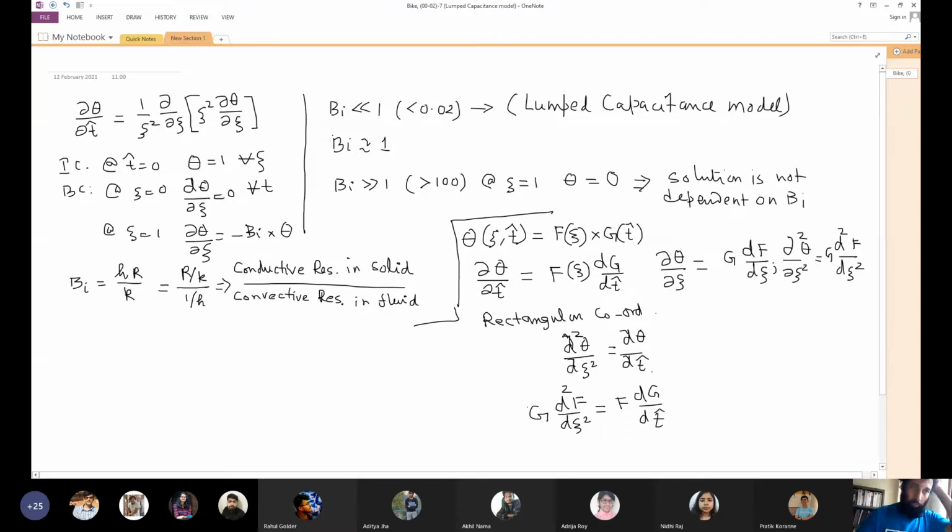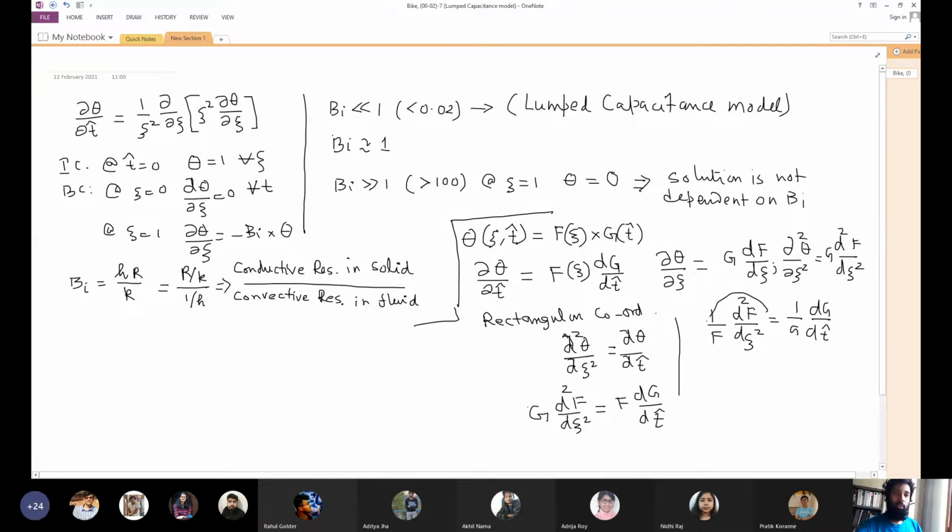Okay, so we now write this as 1 by f d2f d zeta 2 equals to 1 by g dg dt hat.